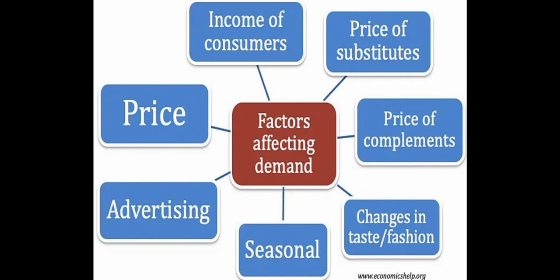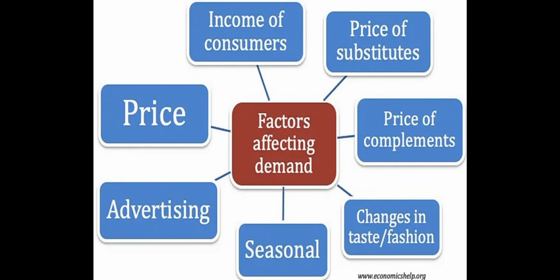Number 2, prices of substitutes. We assume the prices of substitutes to remain constant. By substitutes, we simply mean those goods that can be used instead of the ones we are using now, like instead of tea, we can use coffee. So the prices of substitutes are also assumed to be constant so that they do not influence the given person's demand.